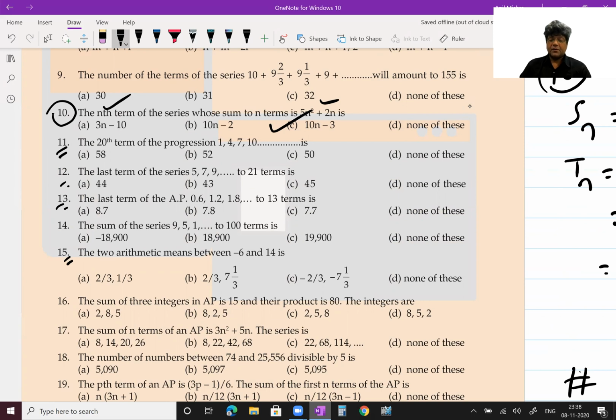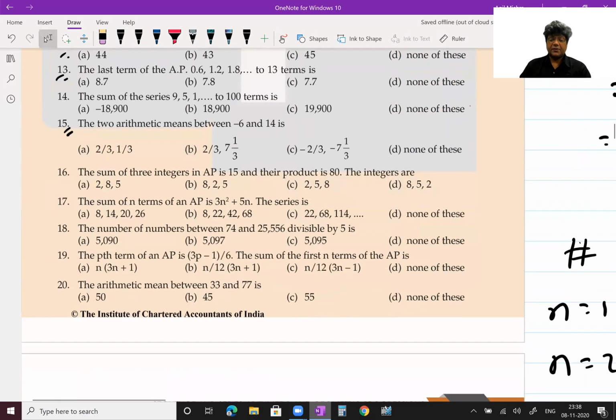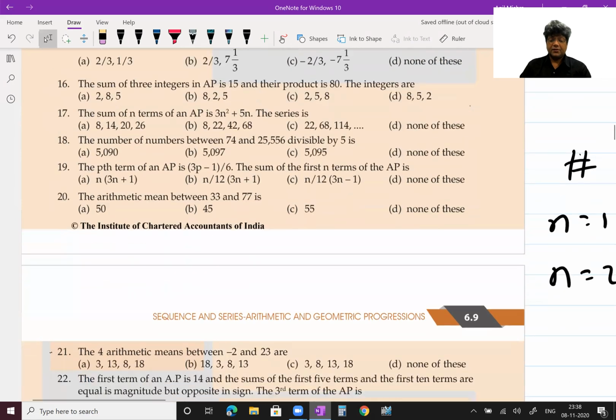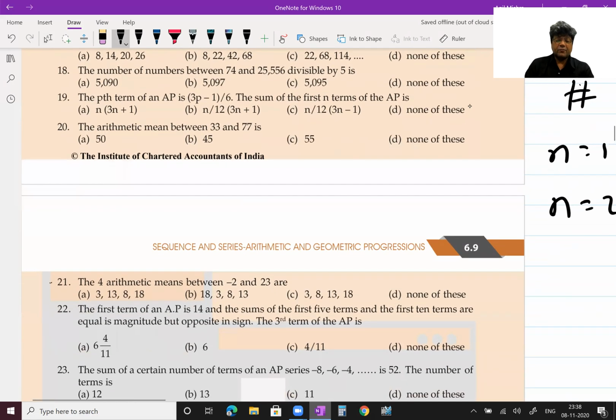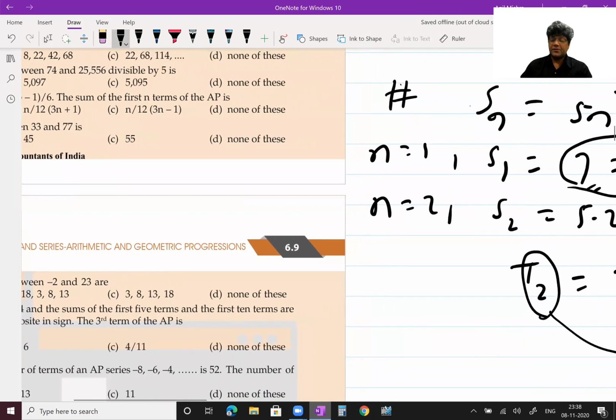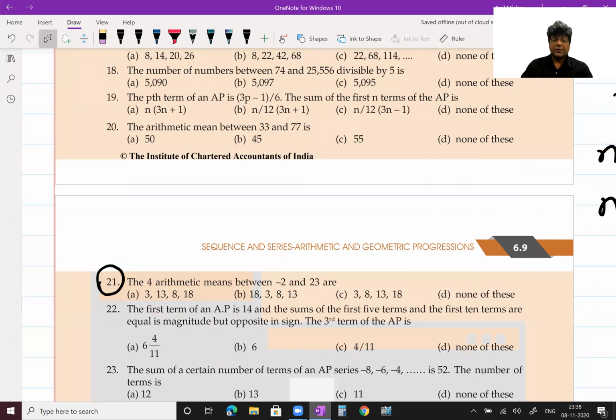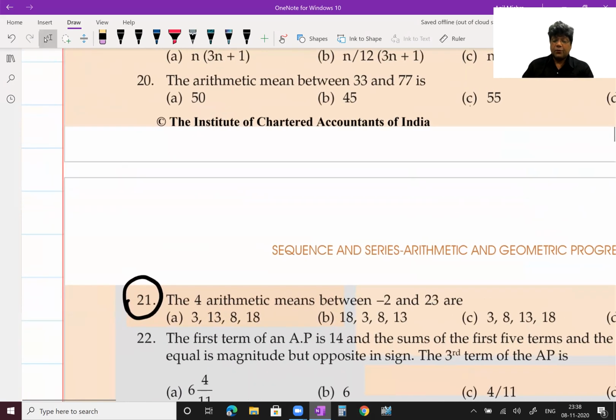I will choose some higher number of arithmetic means. If there is any question, guys, I would like to go this way. 4 arithmetic means between minus 2 and 23. See this question 21: 4 arithmetic means between minus 2 and 23.